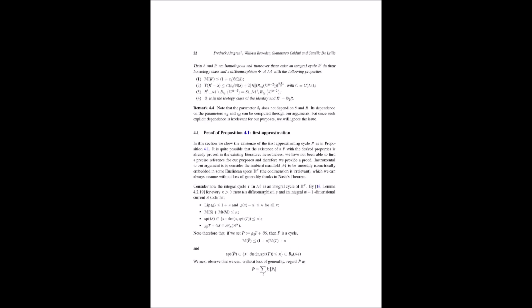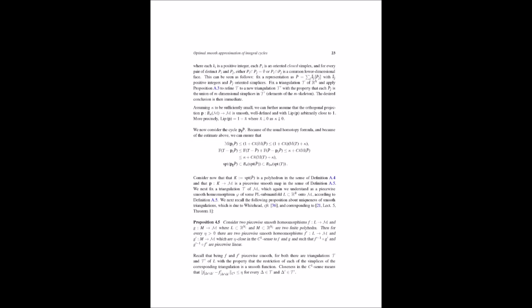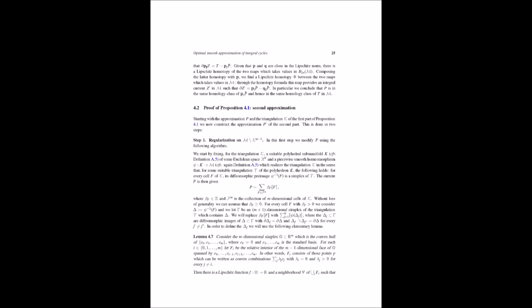They achieve this delicate balance between maintaining control over the geometry of these neighborhoods while ensuring they're topologically equivalent to simple spaces. Okay. It's like creating a series of carefully crafted lenses that allow them to zoom in on specific parts of the cycle and manipulate them without distorting the overall picture. It sounds like they're setting up a very precise and controlled environment. They are. For the smoothing operation.